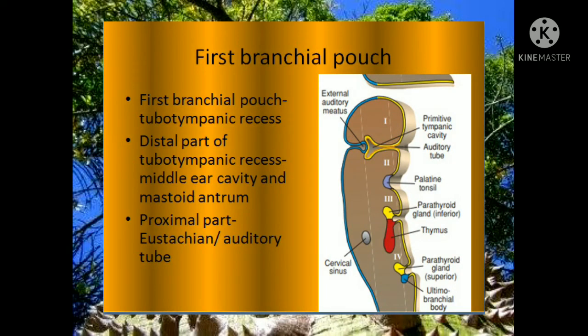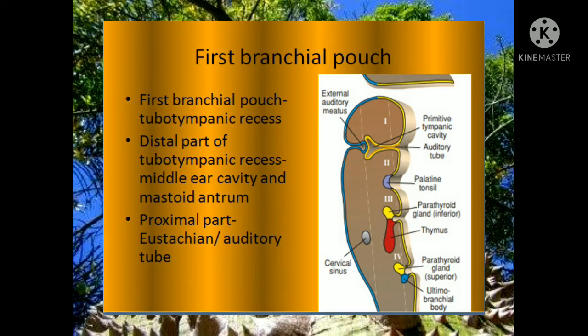From the first pharyngeal pouch, the ventral part is obliterated by the formation of the tongue. Its dorsal part receives a contribution from the dorsal part of the second pouch, and these two together form a diverticulum that grows towards the region of the developing ear.